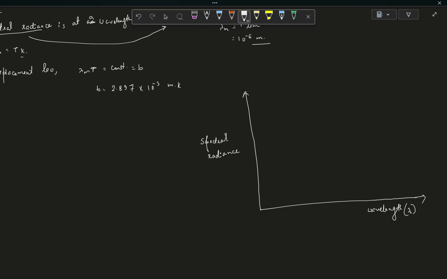Okay, so if that is the case, then how will the graph look? Initially, this is how the spectral radiance versus wavelength graph will look.